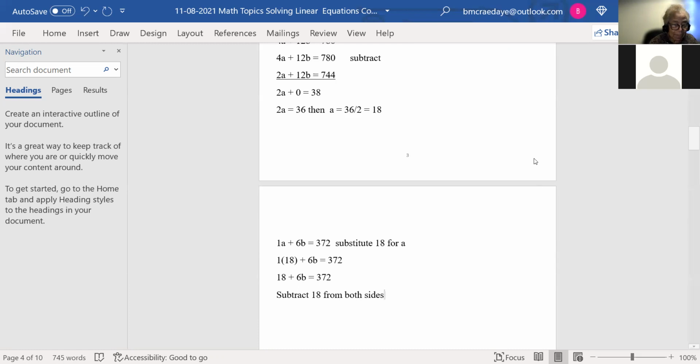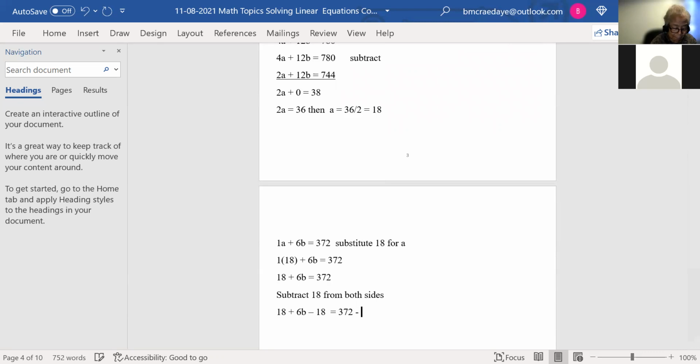So let's do that. Go ahead and subtract it, Maureen. On the left side, you'll get 0, right? 18 minus 18 is 0. So you'll just have 6B left. And subtract the 18 from the 372.